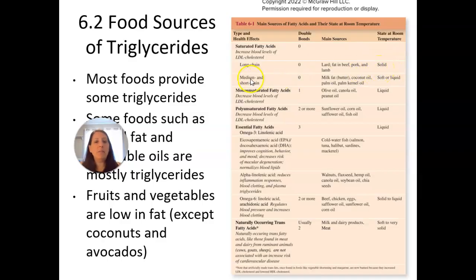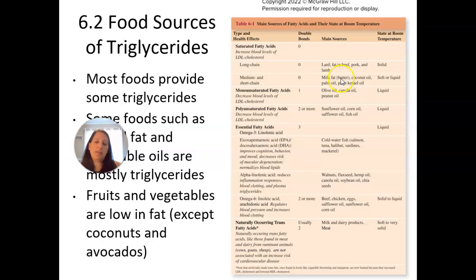Okay. And then we have medium and short chain fatty acids, and this is a little bit nuanced. What's included here: medium chain fatty acids are things like milk fat from butter, and then medium and short chain fatty acids from things like coconut oil and palm oil.